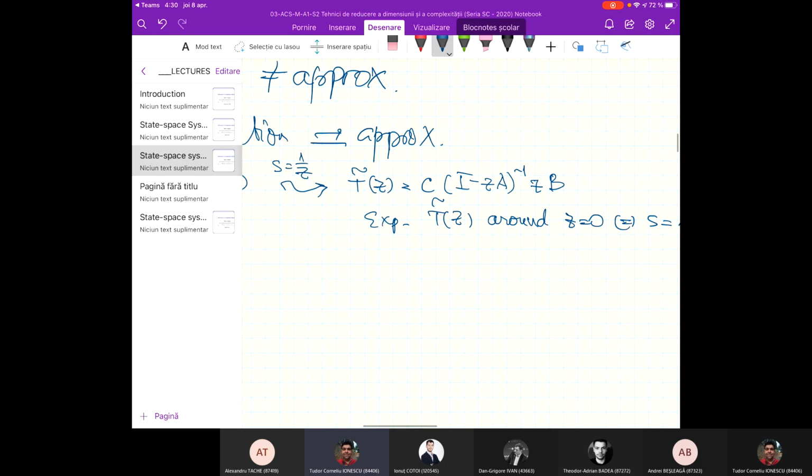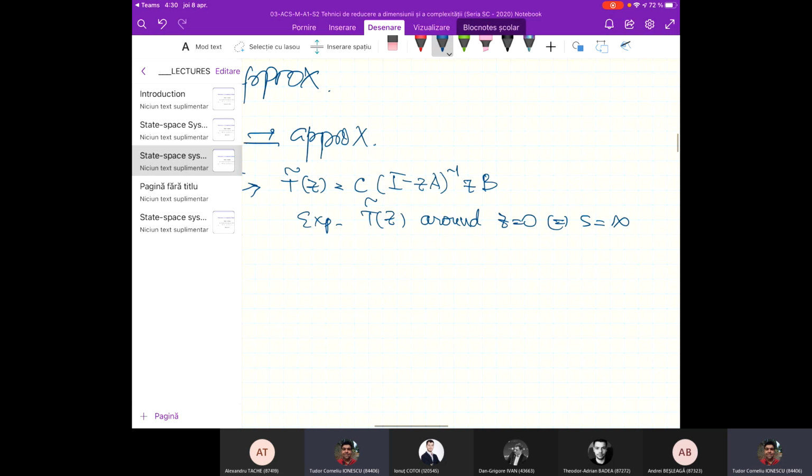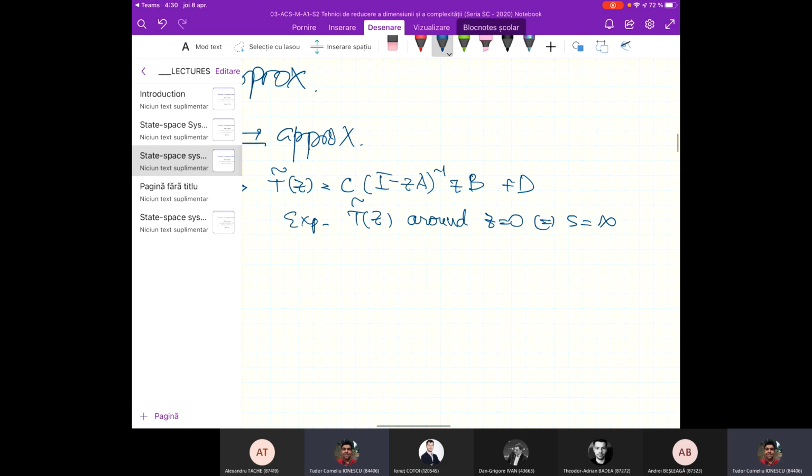Plus D. So the first coefficient, T tilde(0), this is D. This is gamma 0. Then you have to take the derivative of this, T tilde prime(z).